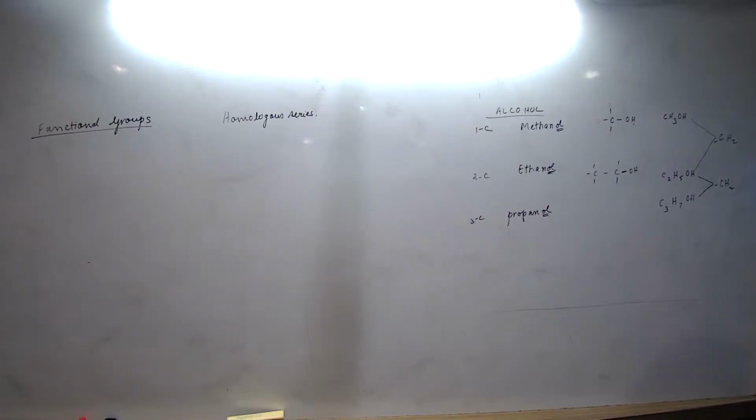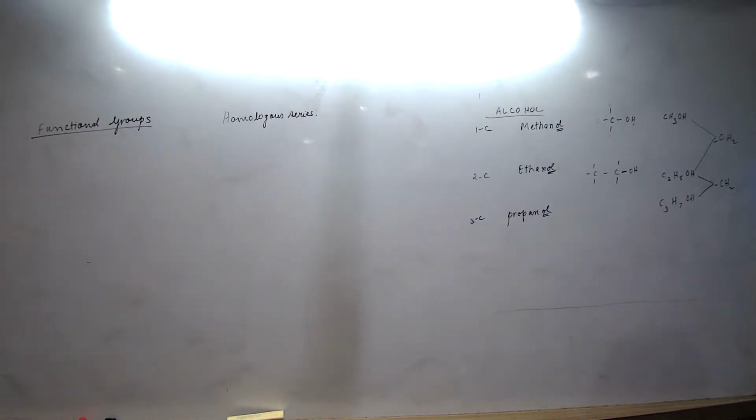Now on page number 66, I want everybody to see there's a small table there. Some functional groups of carbon atoms are given. Now these are the various functional groups. Pay attention.